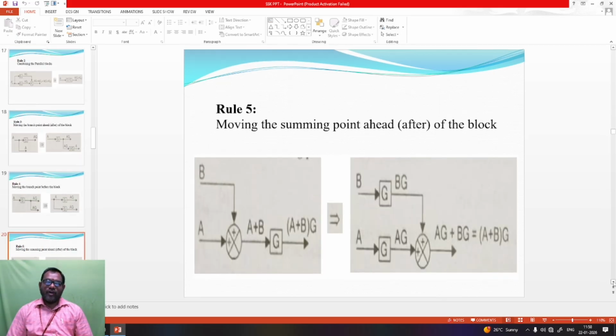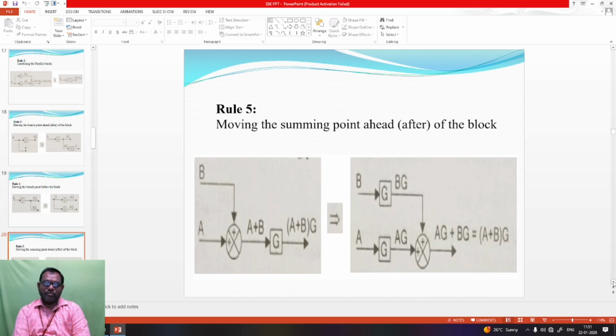Next, rule number 5, we are going to discuss moving the summing point after the block. Okay, so A is the input and B is the input of the summing point.